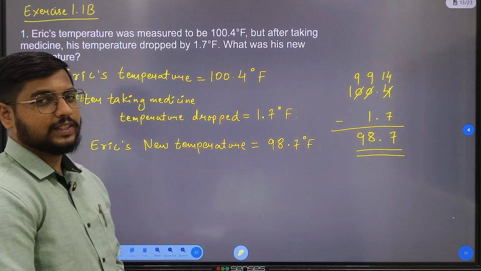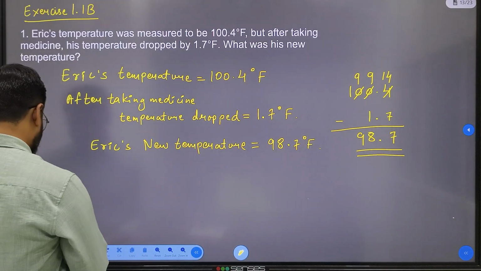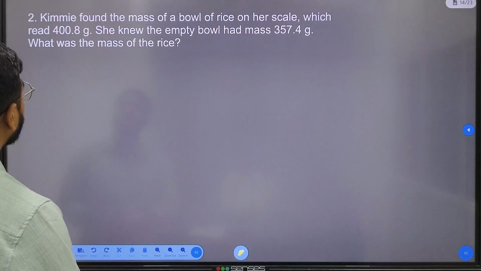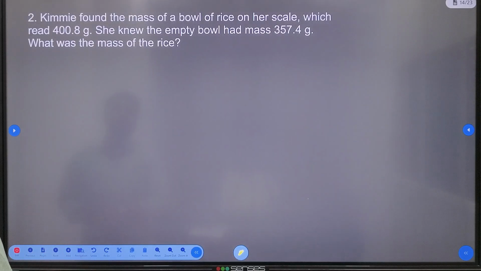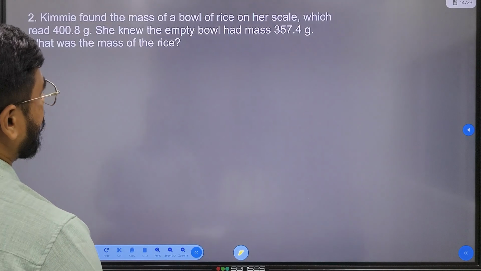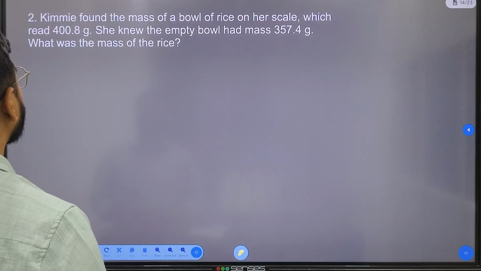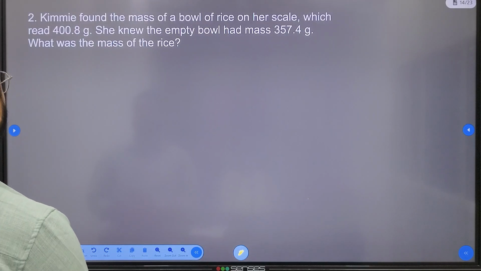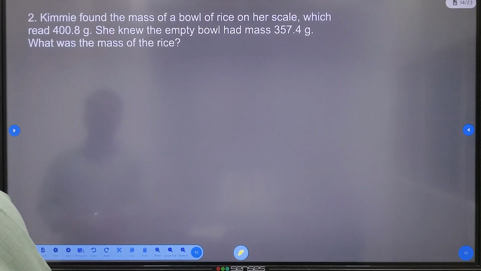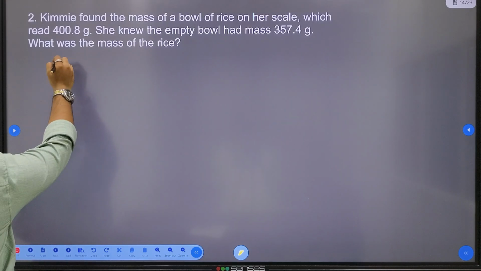Let's continue with the second question. Kimi found the mass of a bowl of rice on her scale, which read 400.8 grams. So the mass of bowl of rice, that is 400.8 grams.